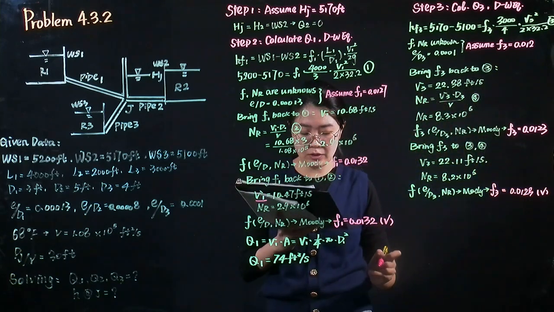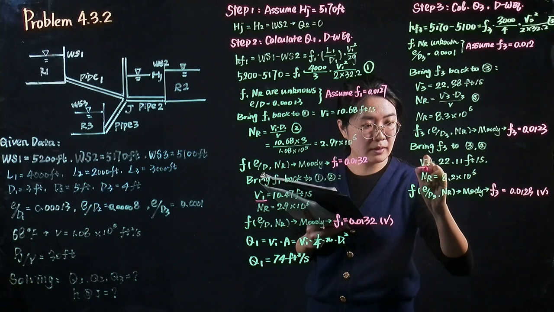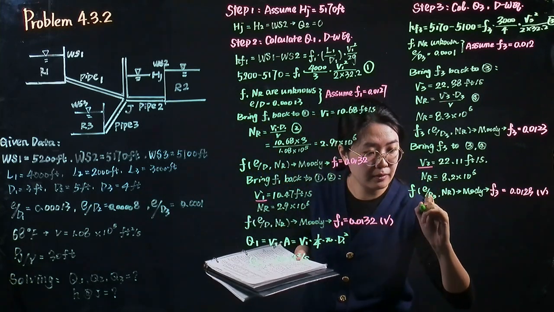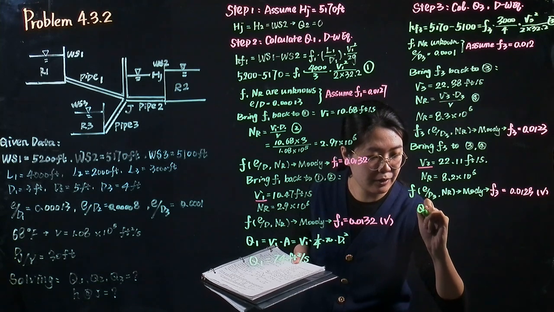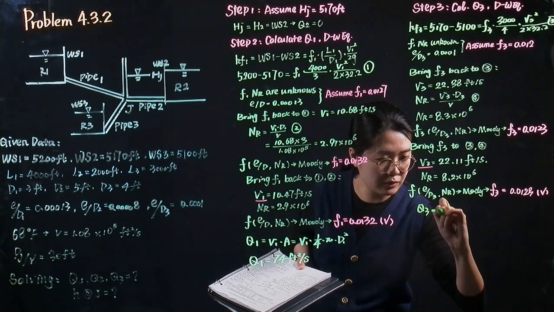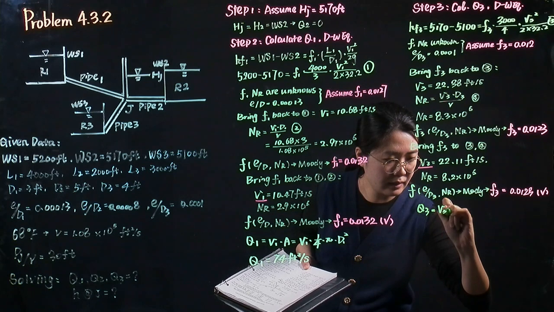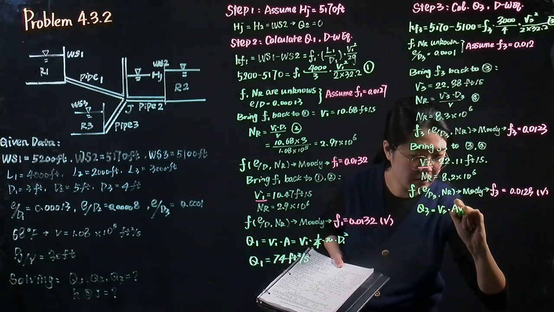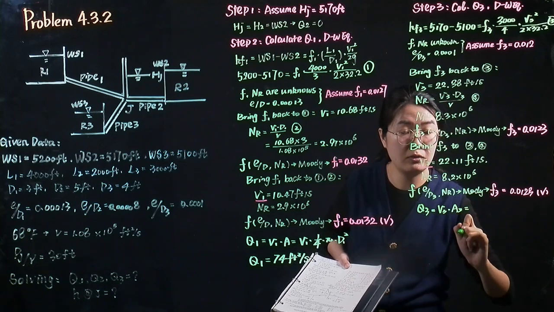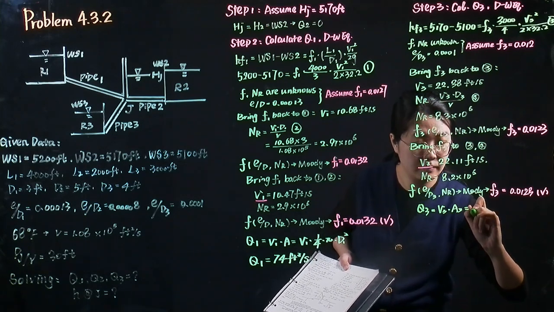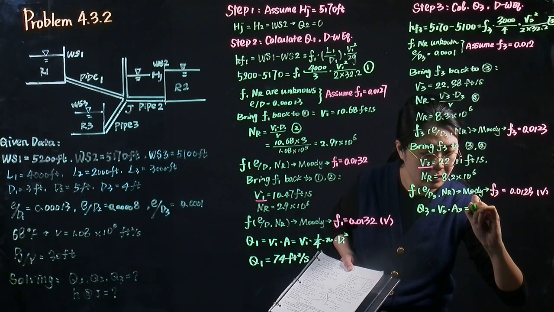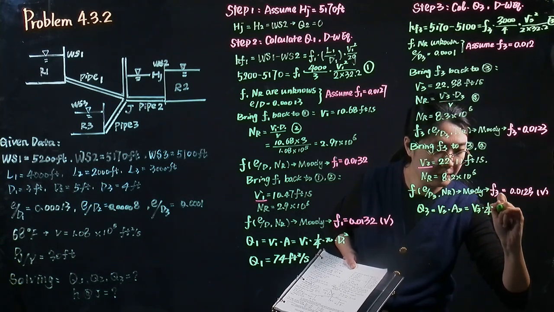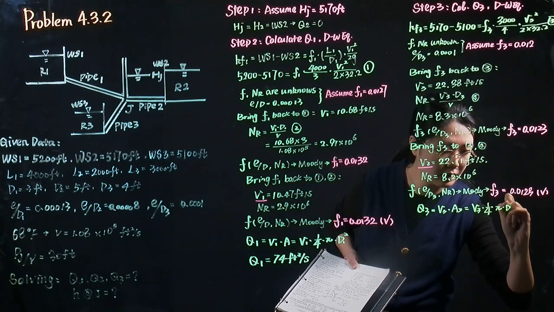And we can use the velocity here to calculate the flow rate in pipeline 3, which equals the velocity times the area. It equals the velocity times 1/4 times pi times d squared.